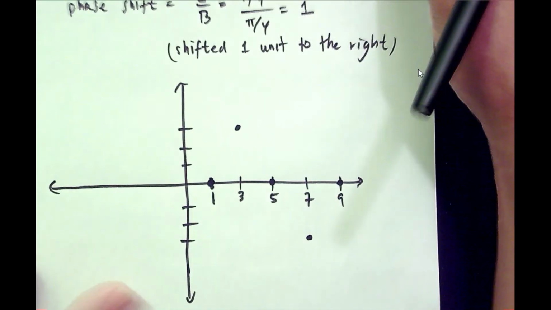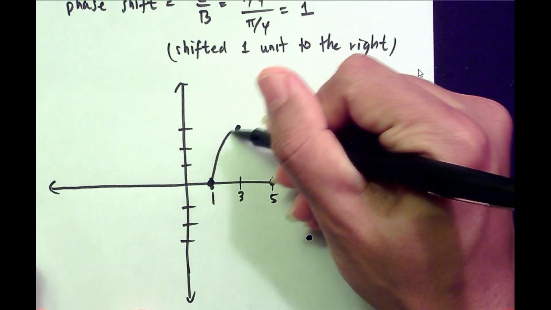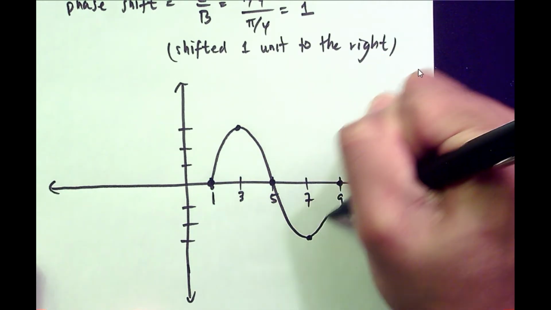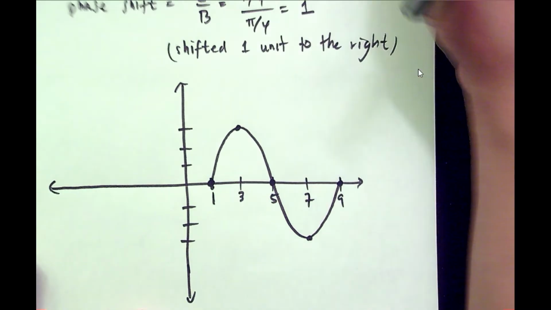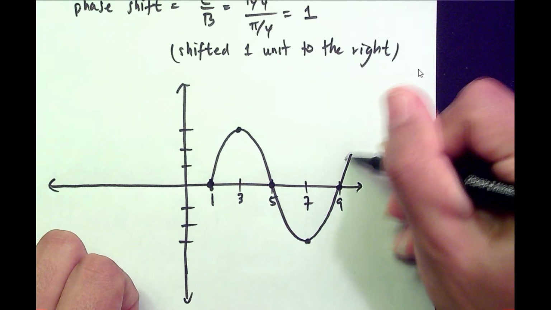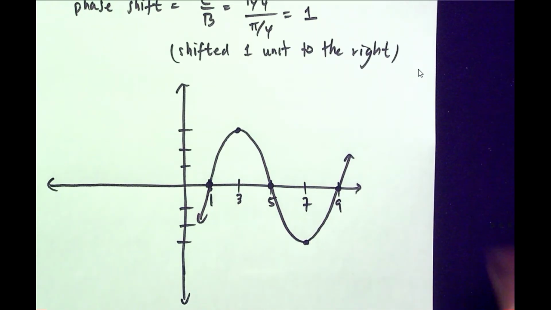Now let's connect them in the wavy shape that we know we're supposed to have. And that is the graph of a main period. And you know this goes on forever and it repeats. Okay, and that is it.